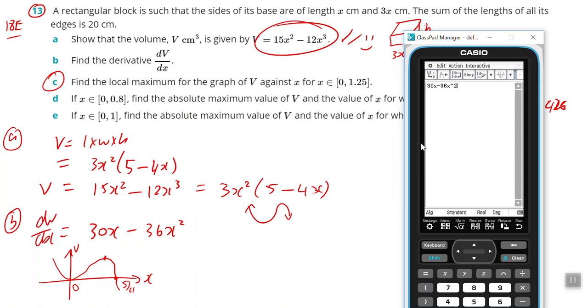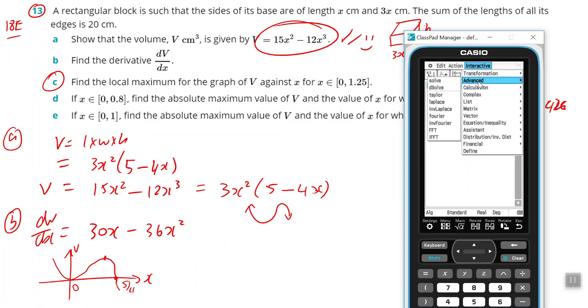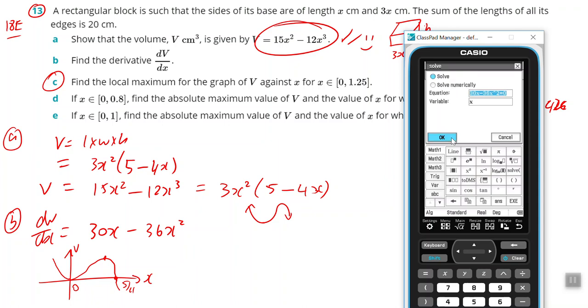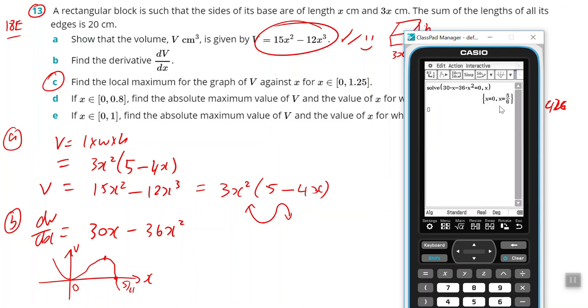We let the derivative equal 0, because we're trying to find where the stationary points are. We know that at 0 we've got a minimum, and at 5 on 6 we've got a maximum. Now 5 on 6 is before 5 on 4, which is what we want. So we want to find the coordinates of that.